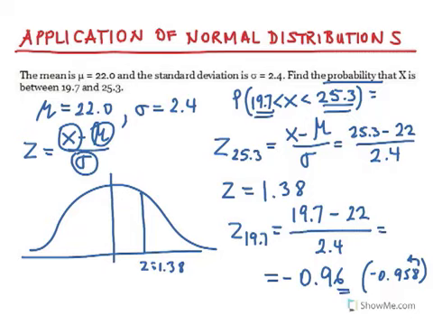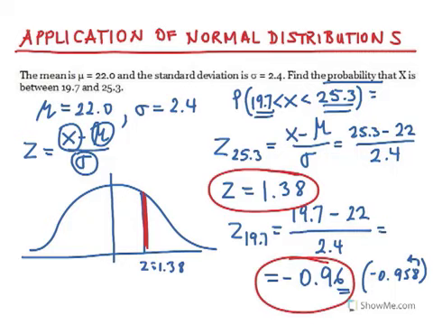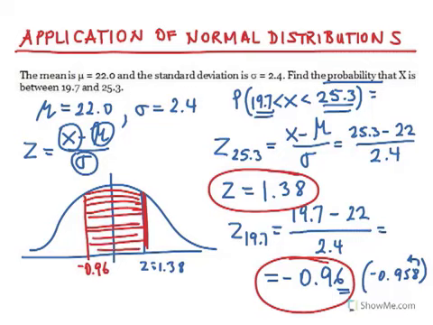So now we have two z's, z of 1.38, this one right here, and a z of minus 0.96, which will be on the left side of the mean, so it'll be somewhere over here. So we need the probability of this area right over here. So what are we going to do? We're going to find the area that is to the left of this z, 1.38. We're going to find the area to the left of minus 0.96.